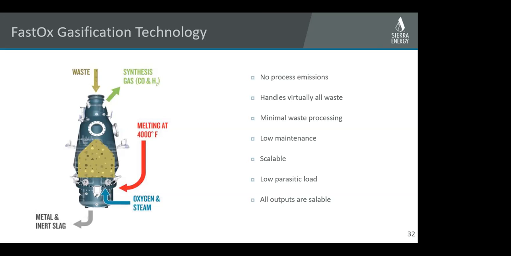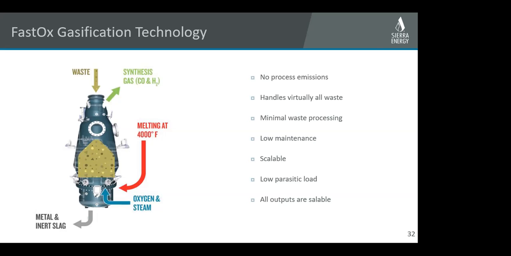The waste stream requires very little preparation when you're operating in that temperature range. So very little pre-processing required, very low maintenance. It's a big metal tube lined with refractory, no moving parts. It's very scalable. You could build very large.